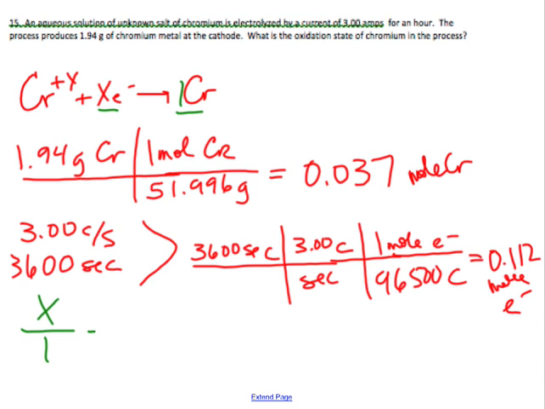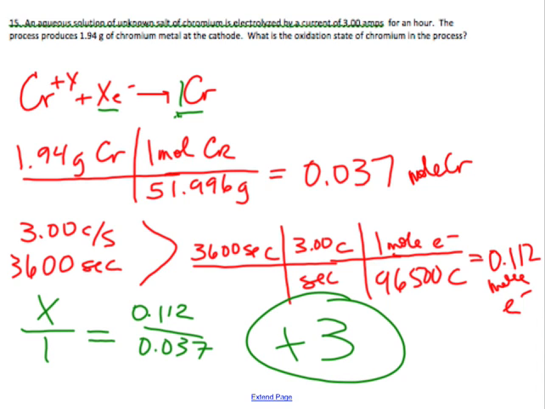X to 1 is equal to moles of electrons to moles of chromium, 0.112 to 0.037. That's where it came from. Do you see it? That's sexy. And so you get an oxidation state of 3, and you're going to get close to a whole number when you're doing these problems. So the trick is realizing it's that, and it's always going to be to 1 mole of the solid, because that's how we write our half reactions.